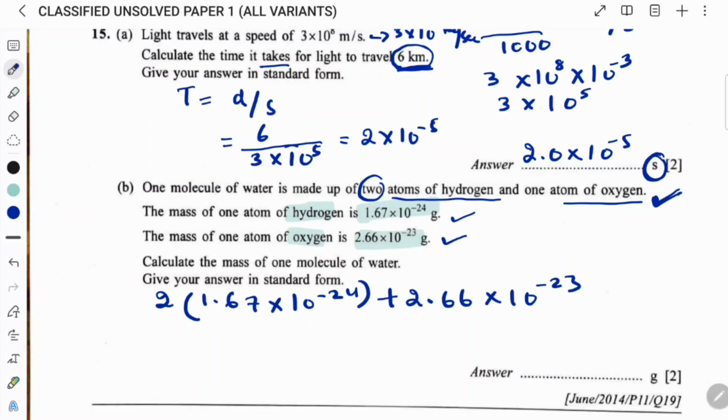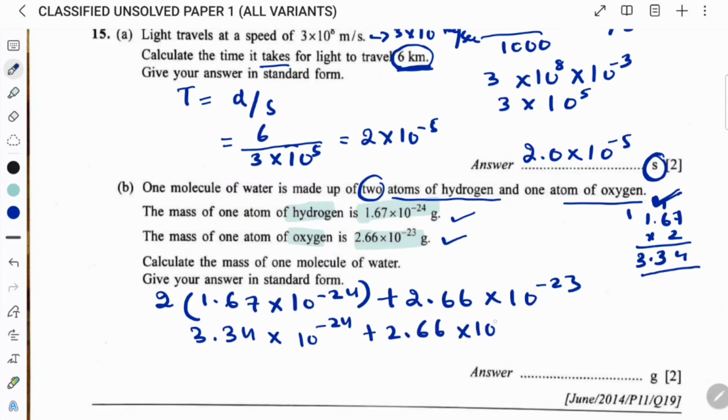Now we are going to multiply this. 1.67 times 2, 2 sevens are 14, 2 6s are 12, 13, 2 ones are 2, 3. So 2 decimal places, 3.34 into 10 to the power minus 24 plus 2.66 into 10 to the power minus 23. Plus, what do we do?